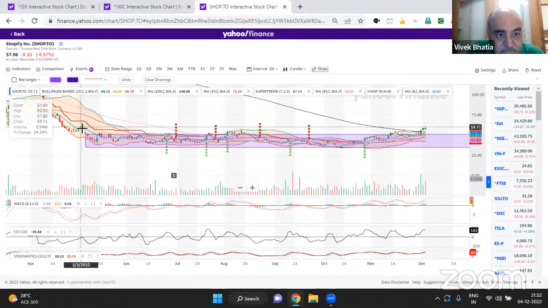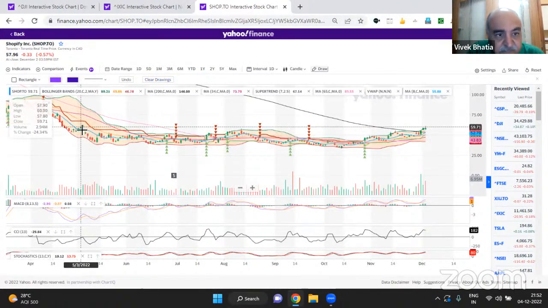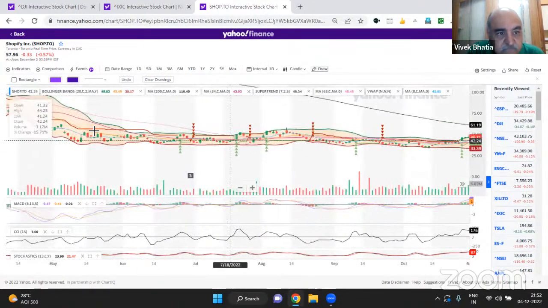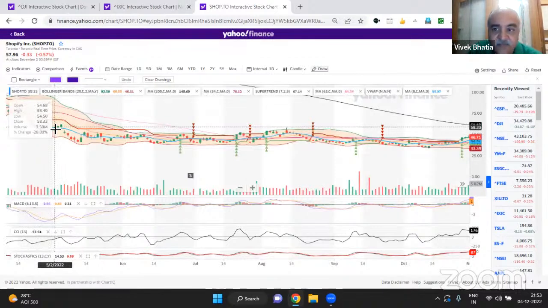This gap has been filled in. See this gap? This has been filled in now. This was the gap at 58.